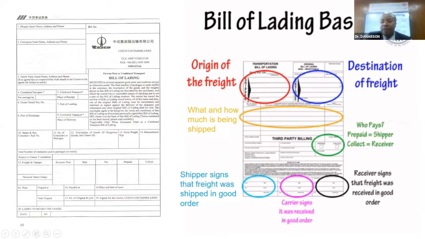And if we go up, here we have the destination of freight. Where is it going? Vietnam, Cambodia, or whatever. Who pays? Okay. Prepaid, shipper, collect, receiver, or whatever. And then down here, the receiver signs that freight was received in good order.